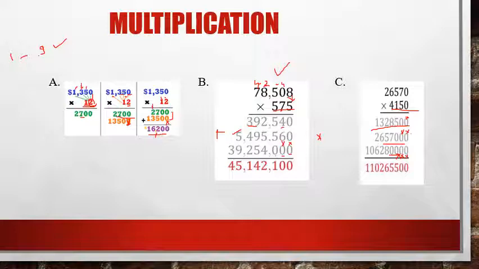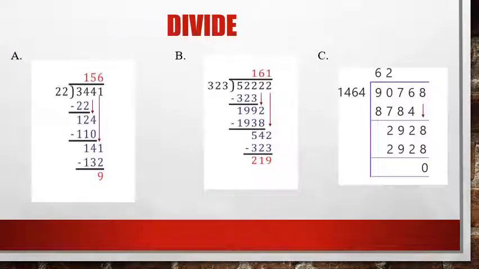Now next is division. Students, here you know the dividend, the divisor, the quotient, and the remainder. Okay, this is your dividend. 3441 is your dividend. 22 is your divisor. 156 is your quotient, and 9 is your remainder.